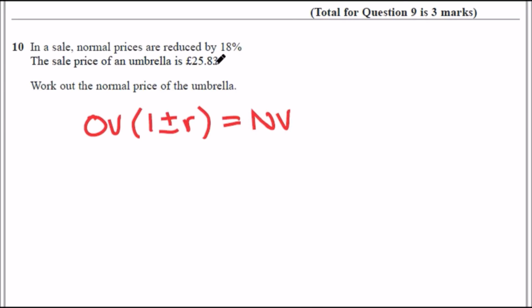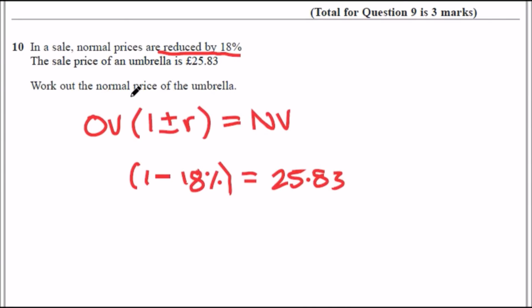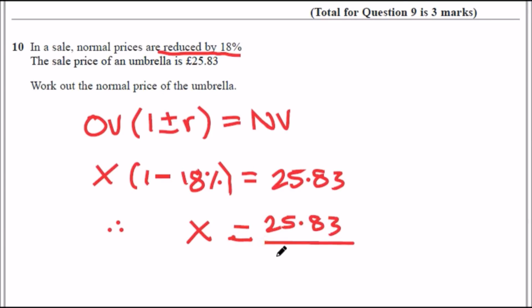So we know firstly that it reduced by 18%, meaning the rate was minus 18. So we're going to have 1 minus 18%, and this should give us a new value of 25.83. So we need to work out the normal price, so we need to work out the old value. Let's call it x. Therefore, rearranging this, dividing this quantity across, we're going to have x equals 25.83 over 1 minus 18%.